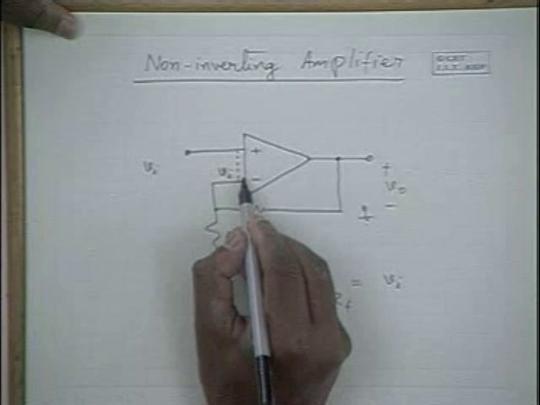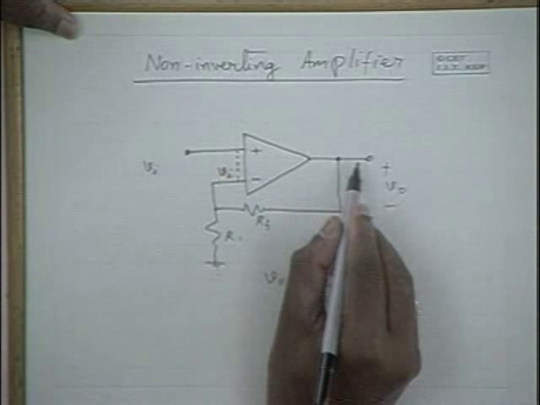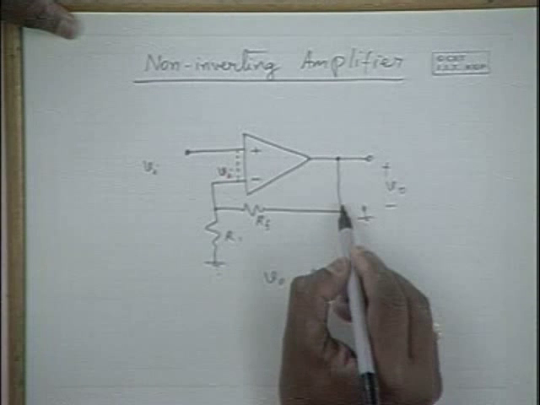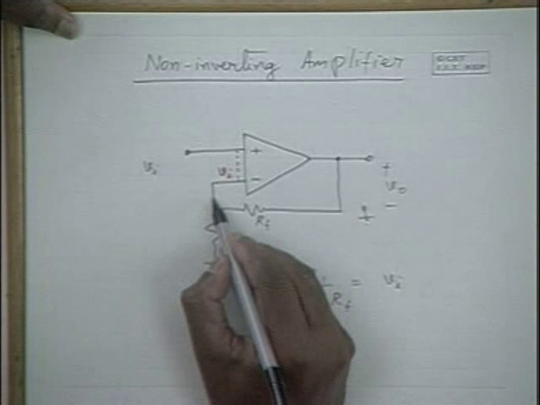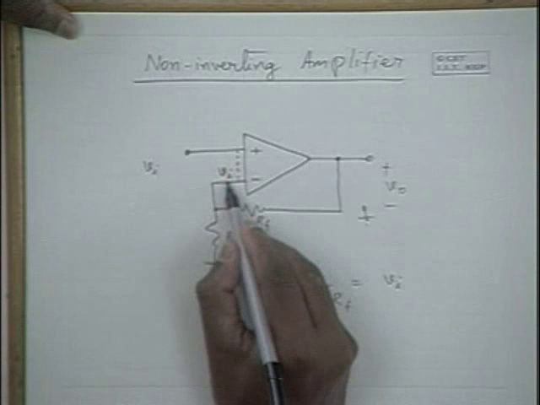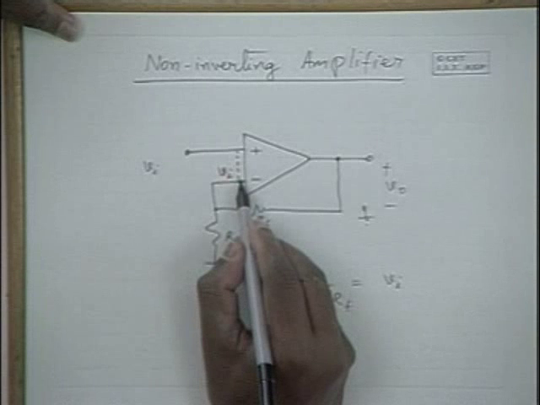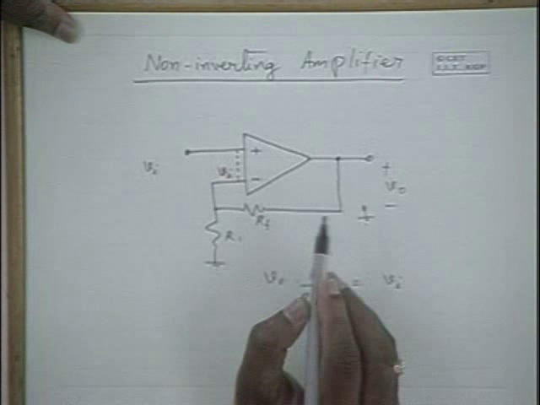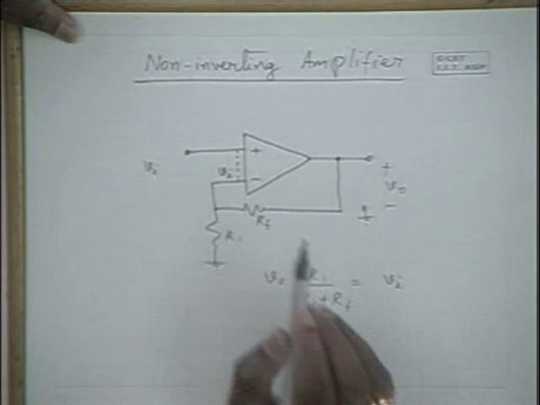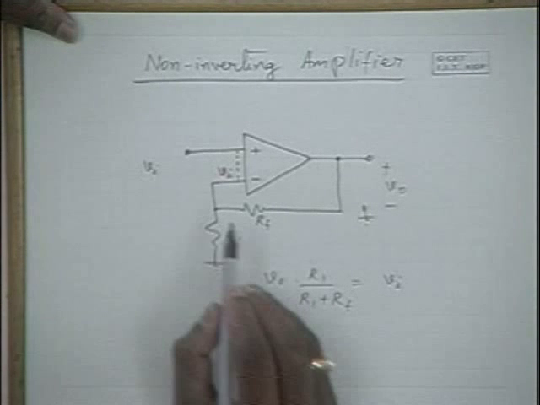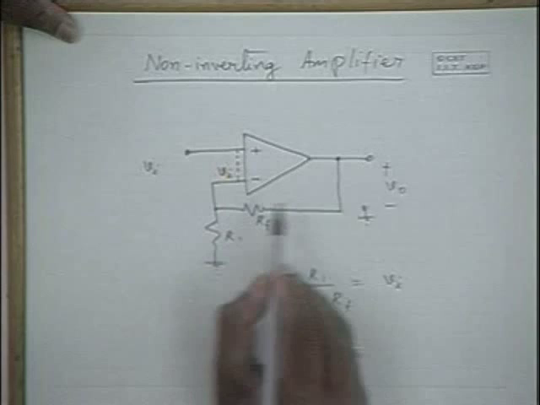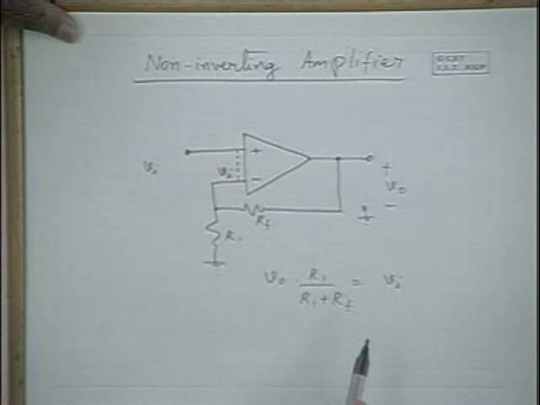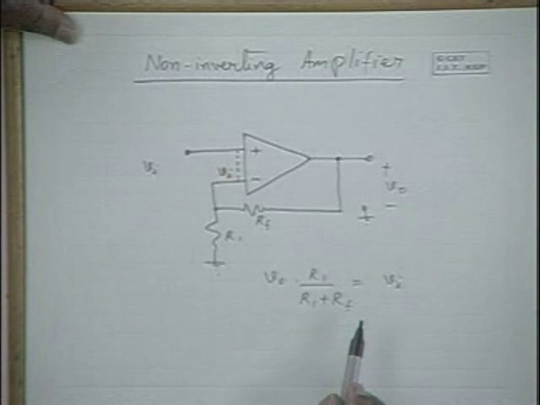And because the input impedance is very high, the current that flows in this part of the network, this voltage gets divided between Rf and R1, and practically no current flows through this terminal because input impedance is very high. Hence, this voltage is equal to V0 into R1 by R1 plus Rf, the voltage division between these two.